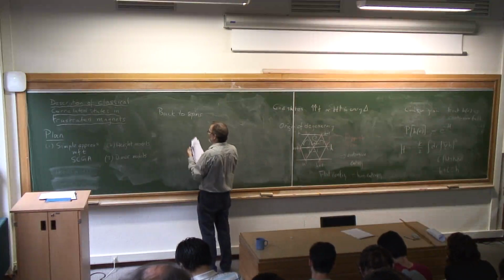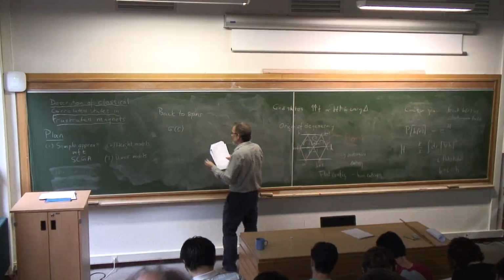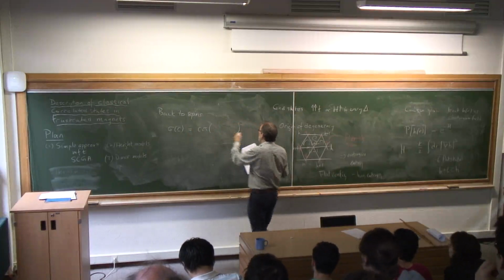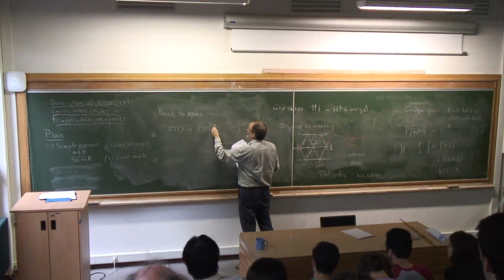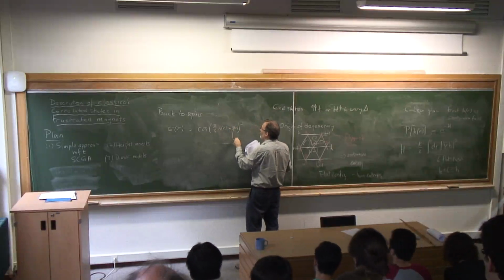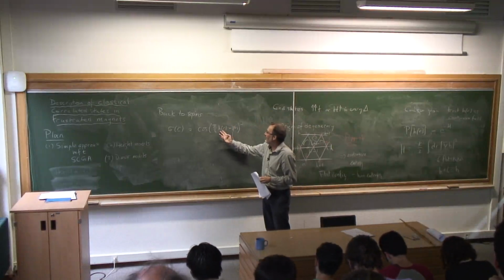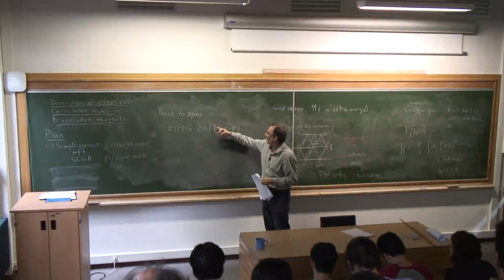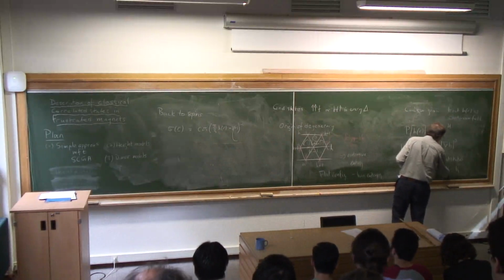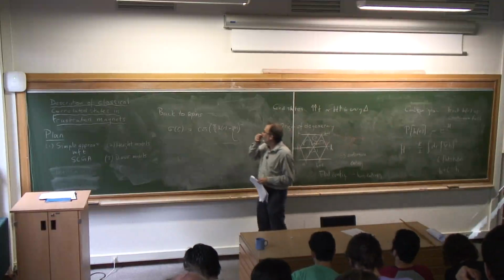If you work out the details, then it turns out that the spin at a particular point is related to the height field by a cosine, so it's basically cos of H with this factor of pi over 3 appearing because the physical values of H are periodic with period 6.